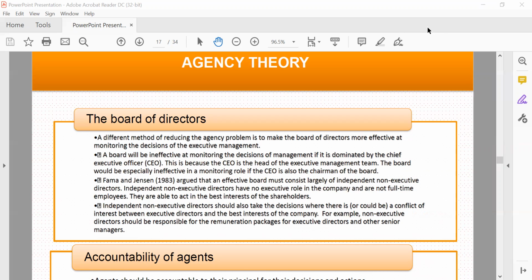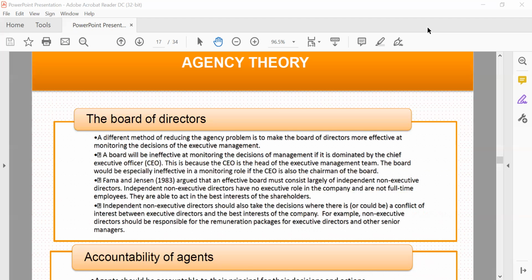A different method of reducing the agency problem is to make the board of directors more effective at monitoring. One of the things we mentioned is that the board of directors has to monitor the decisions of executive management.